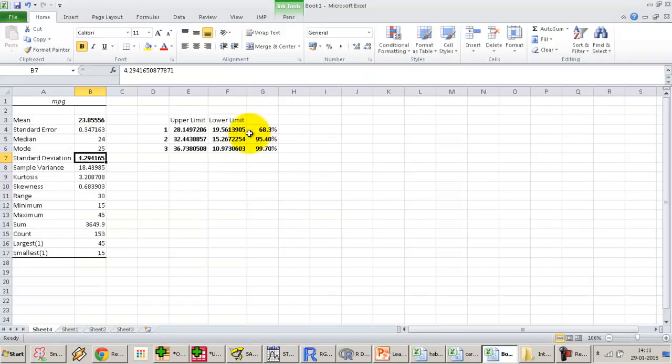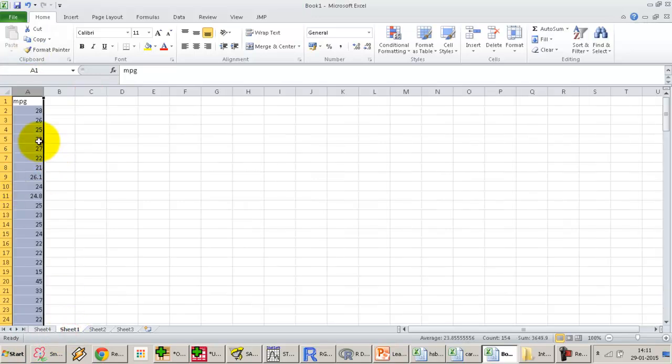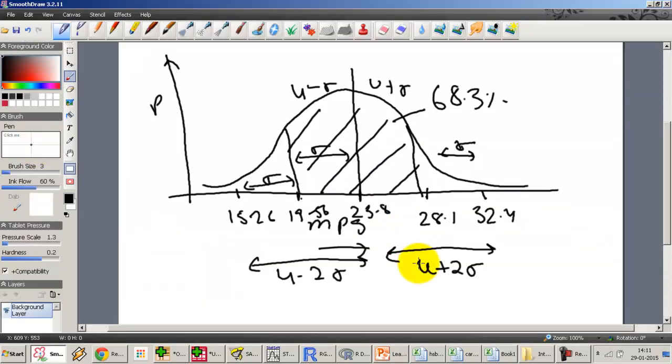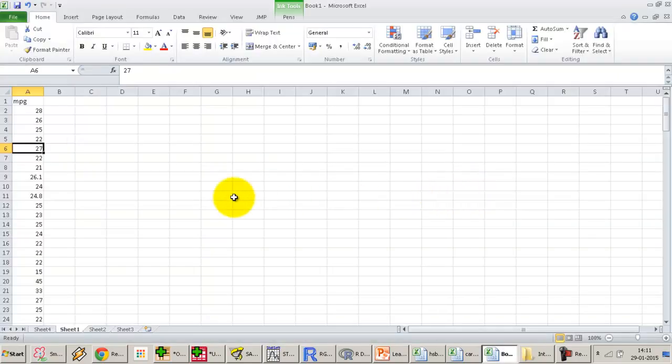What this essentially means is that in this particular data set, 68% of all the observations that we see in miles per gallon are going to lie between 19.56 and 28.1. 95% of all the values are going to lie between 15.26 and 32.4.